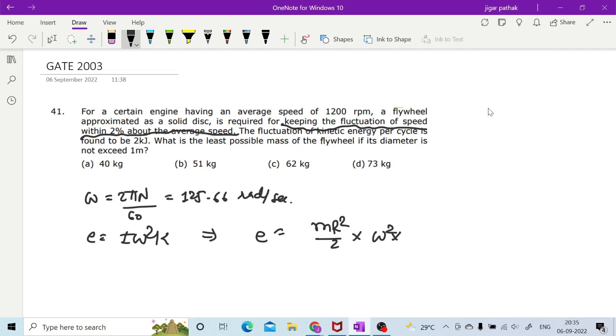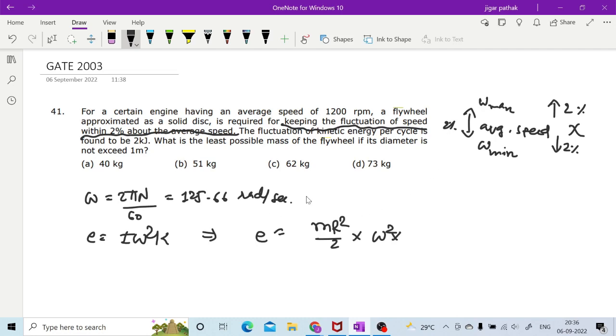It is not mentioned that it is 2% on the maximum side and 2% towards the minimum side. It is mentioned that it is within 2% both sides, whatever, maximum to minimum. So that is why here we are not going for doubling the given percentage of this speed, right?